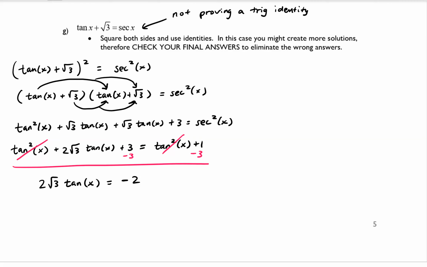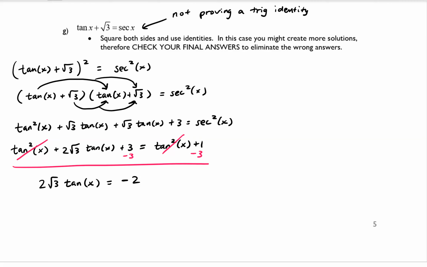When you are doing a trig proof, you cannot work with both sides of the equation. The best thing to do is to start with one side and manipulate it so that it ends up looking like the other side. So it's very much not like solving an equation.